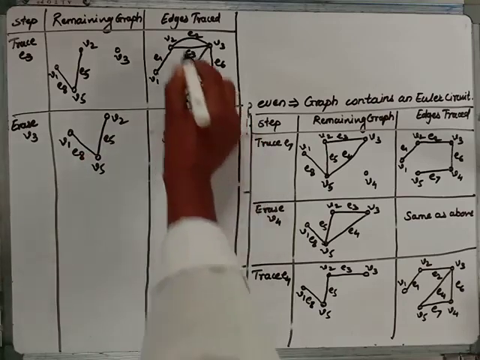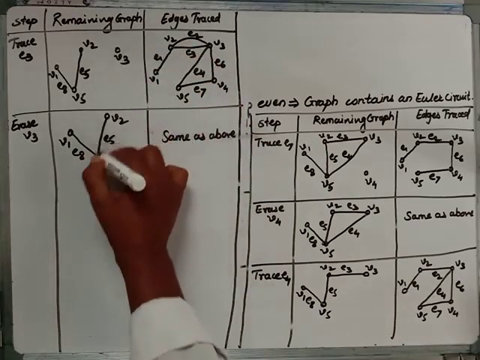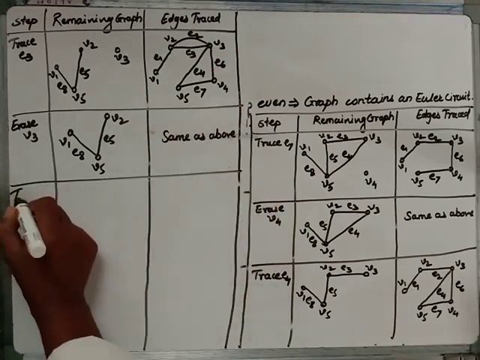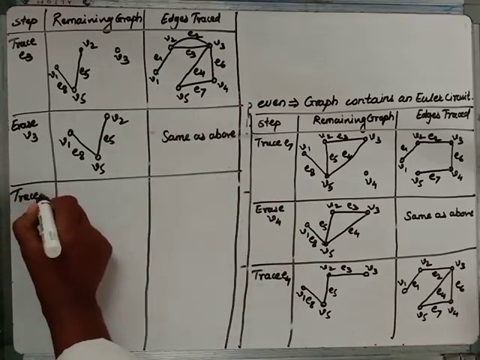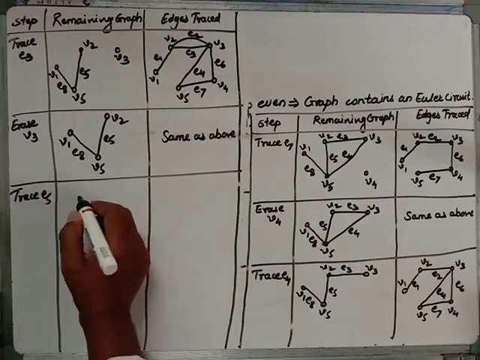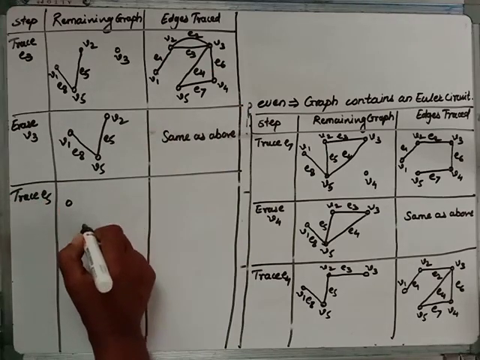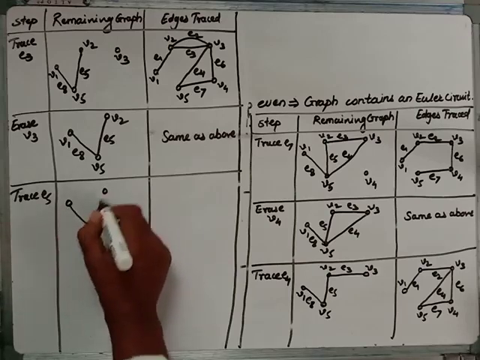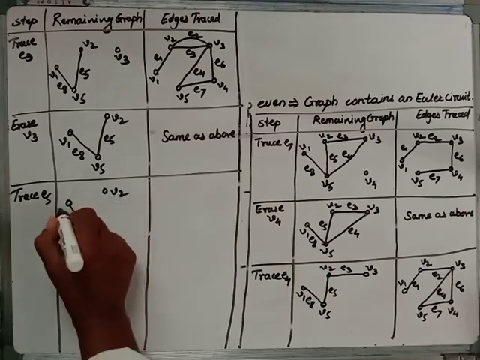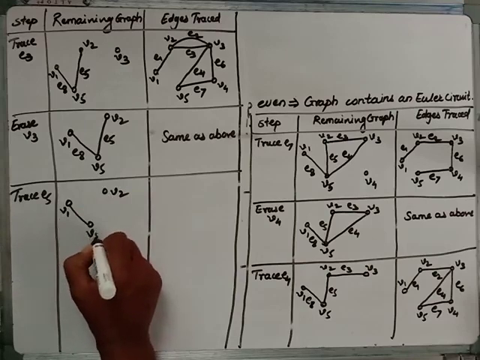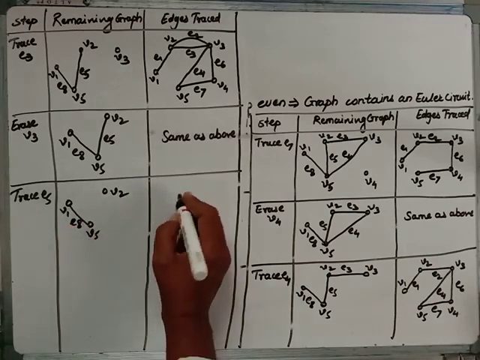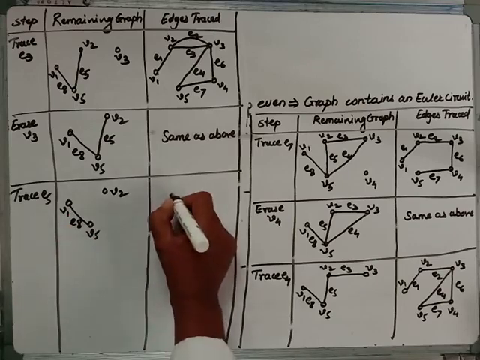Now we reach V2, so trace E5. What does the graph look like? V1, V2, V5 with E8.